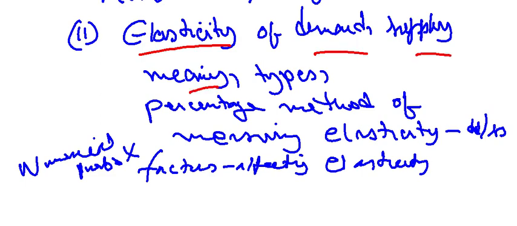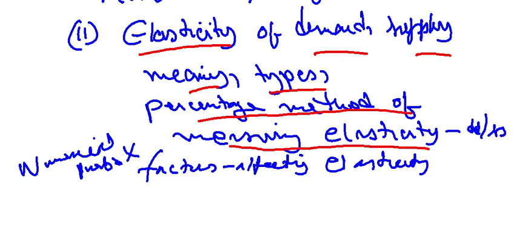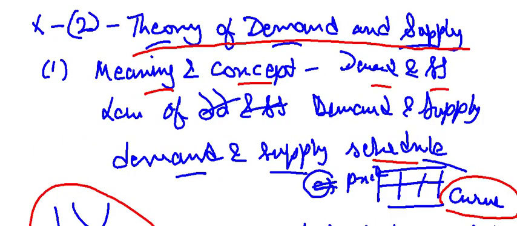What is the meaning of elasticity? What are the types? The percentage method of measuring elasticity. This is mentioned in your syllabus, but it also says that numerical problems are not for testing, and the factors which are affecting elasticity. So this is all you need to study under the theory of demand and supply in class 10 as per the ICSE syllabus.